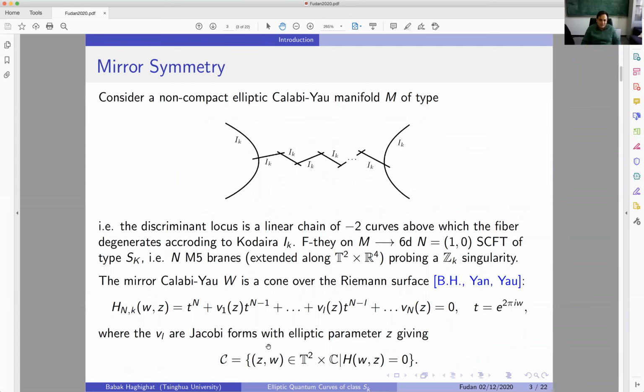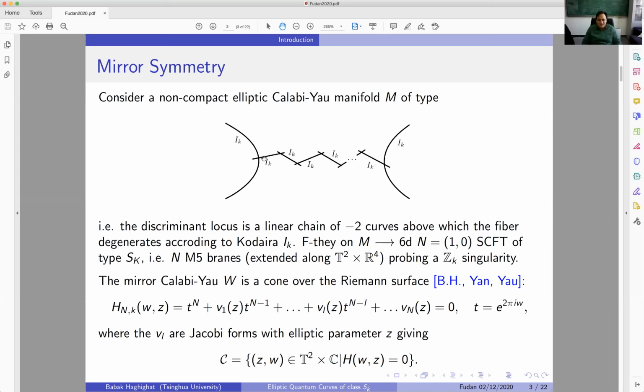So in our case, we will be interested in non-compact elliptic Calabi-Yau manifolds M of the following type. These are by now maybe famous because they classify 6d SCFTs.